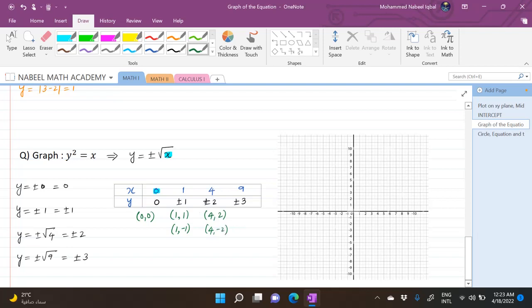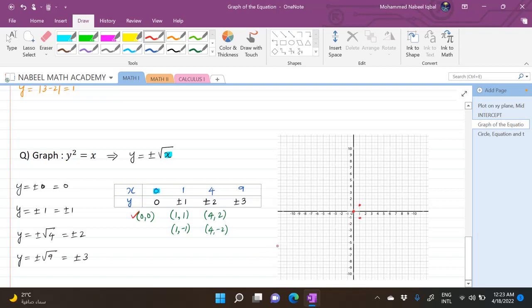So let us draw the graph of these points. This is (0, 0), the origin, the first one. Okay, then this is finished. Now (1, 1) will be here and (1, -1) will be here.